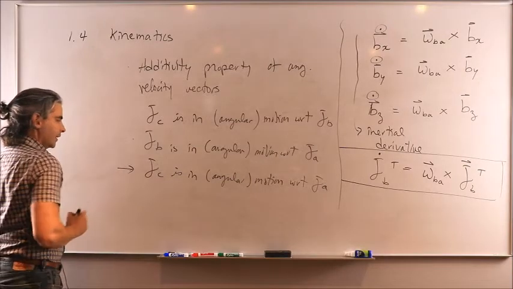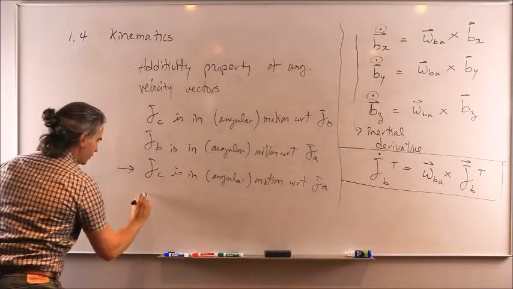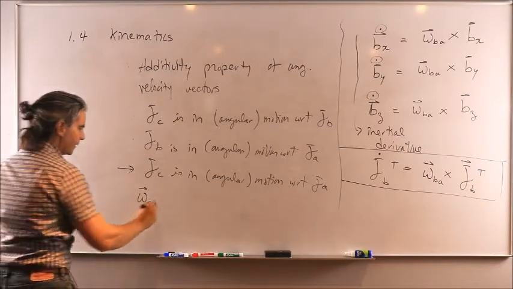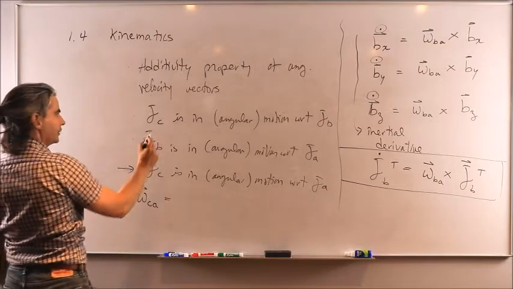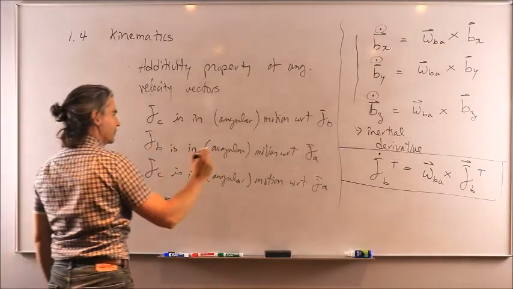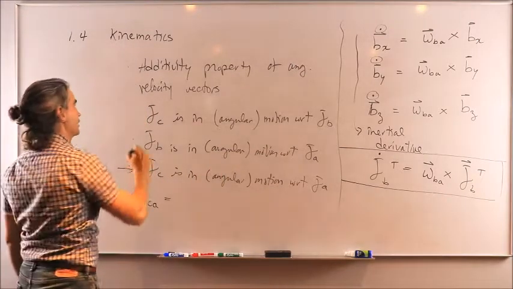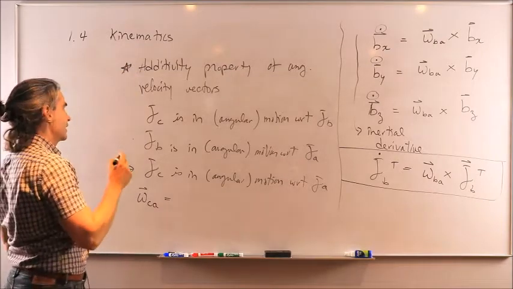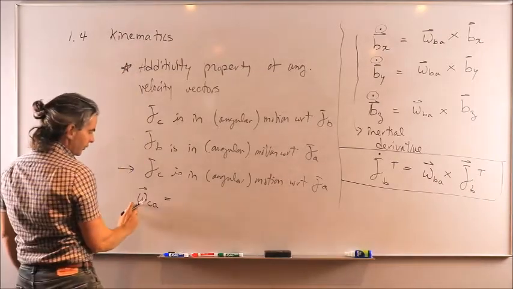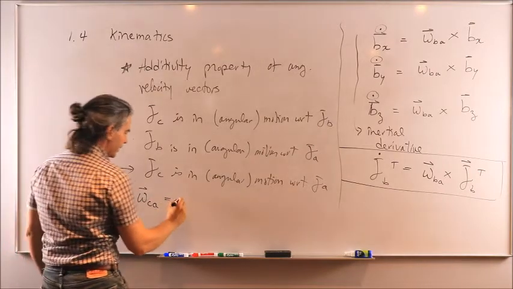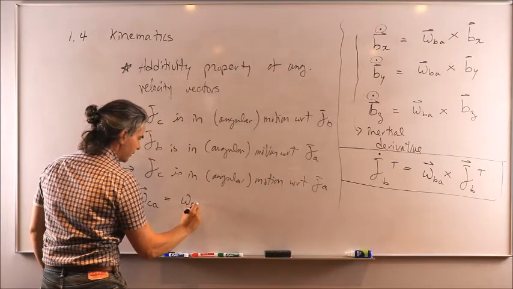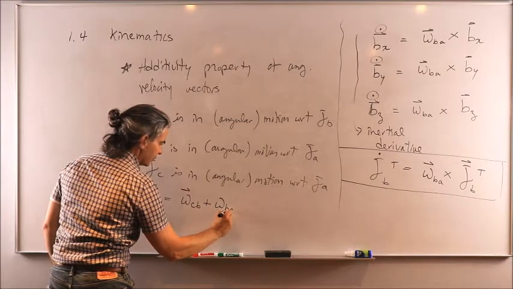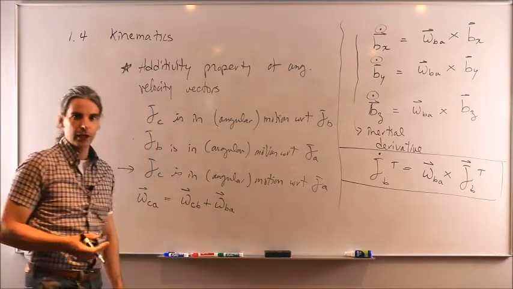Now, how could we determine the angular velocity of C with respect to A, where A is not moving, if we know the angular velocity of C with respect to B and B with respect to A? Well, that is super easy because there is this property inherent to angular velocity vectors that says that they can be added together. So angular velocity C with respect to A is equal to angular velocity of C with respect to B plus angular velocity vector of B with respect to A. You just add them together, head to tail.